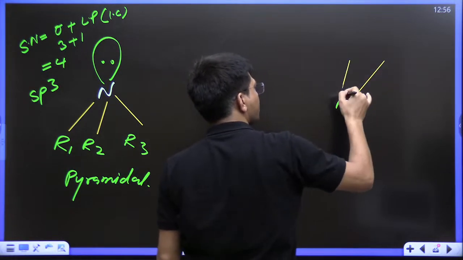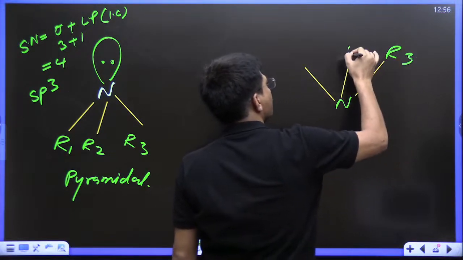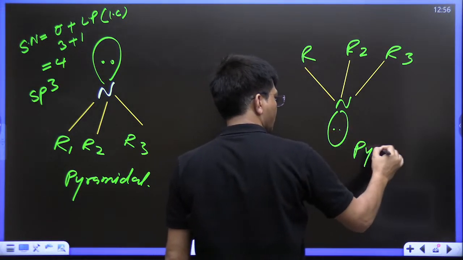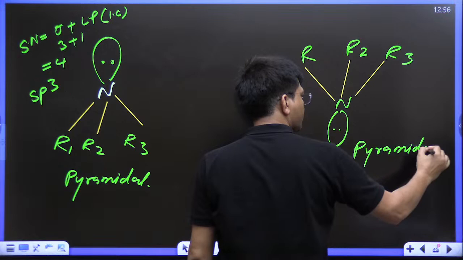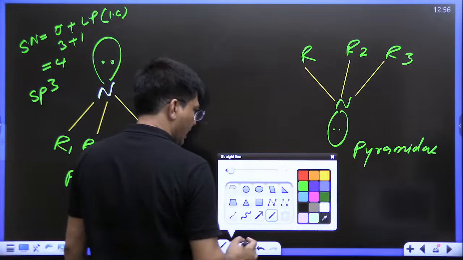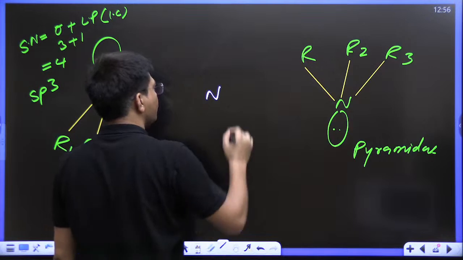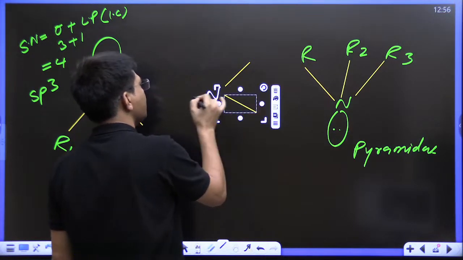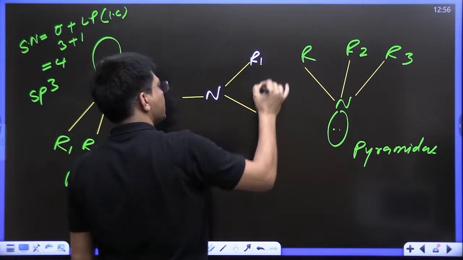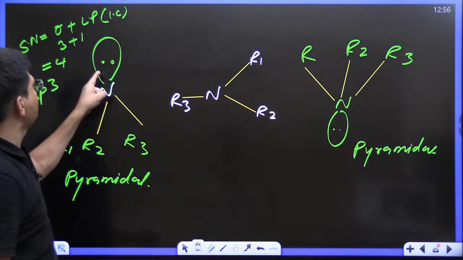Now see, R1, R2, R3 and R2, R1, this is also pyramidal. But moving from this form to that form, it has to become planar, like this. One state should be like this, a highly unstable position. At this time its lone pair is not going to occupy maximum space.